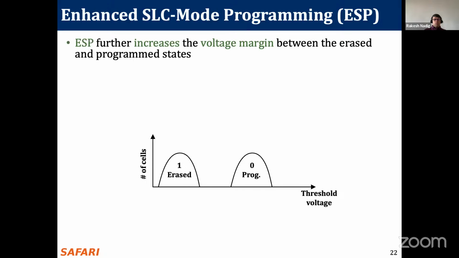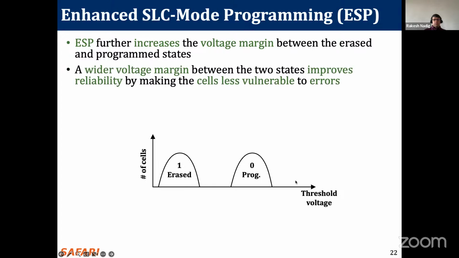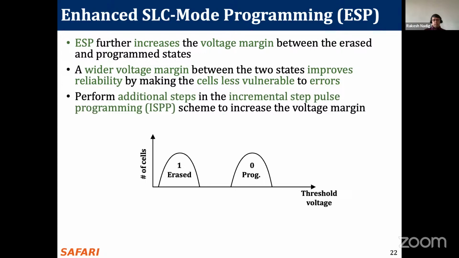So enhanced SLC mode programming increases the voltage margin between the erased and the programmed state, and the threshold voltage of the programmed cells would be much higher. So a wider voltage margin between the two states improves the reliability by making the cells less vulnerable to errors.